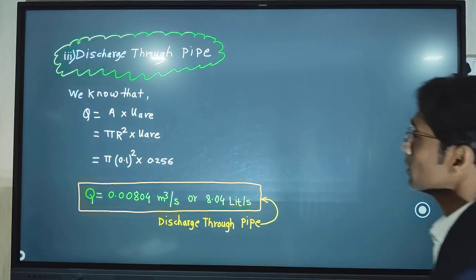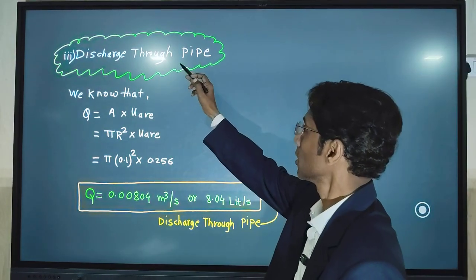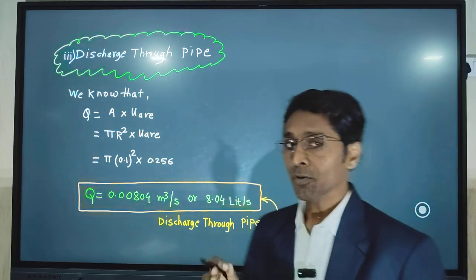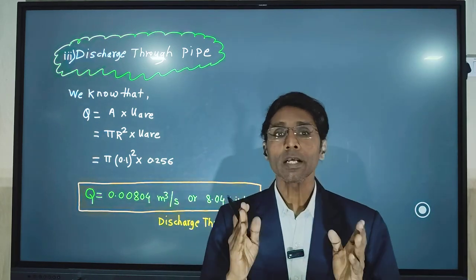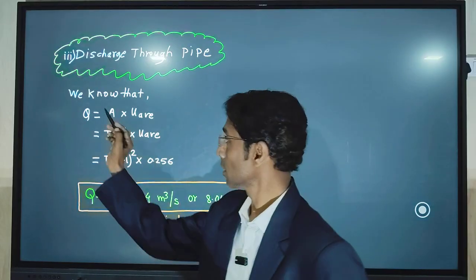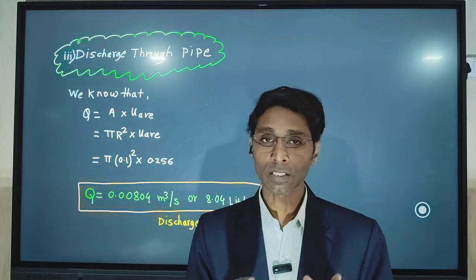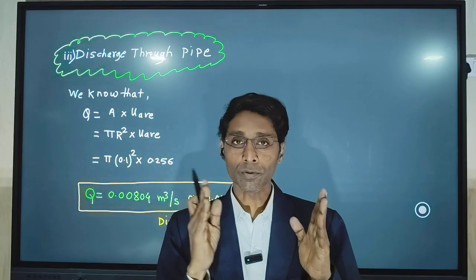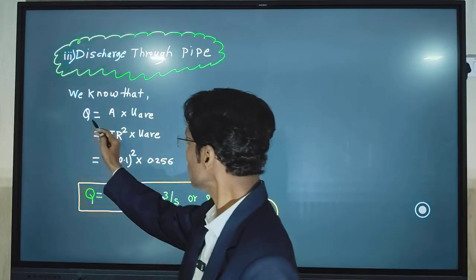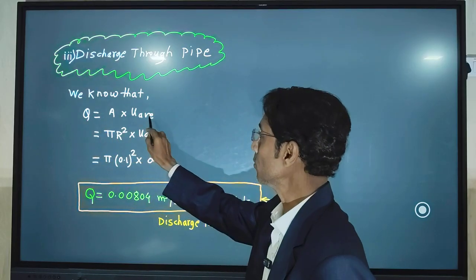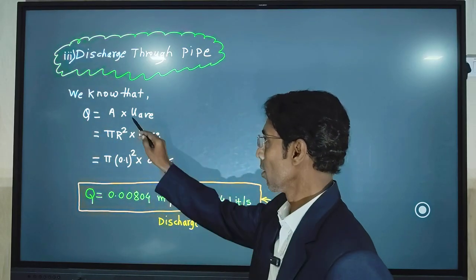Third calculation is for discharge of liquid passing through pipe. Now for this, we use the continuity equation for incompressible fluid, that is Q, meaning discharge, is equal to the product of cross-sectional area into velocity. So here the formula is Q is equal to area into average velocity.